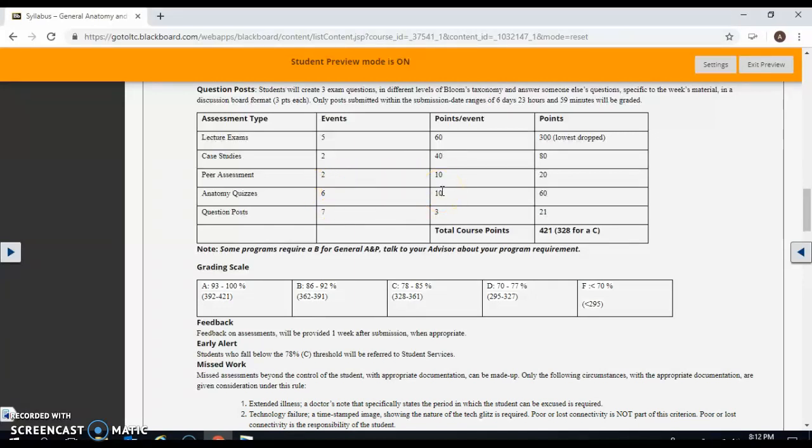Anatomy quizzes, folks, are basically naming parts, naming bones, naming muscles, naming tissue, okay? For these, you don't have to go to the testing center to take the quizzes. In fact, you are given 2 attempts with the highest grade recorded as official for each anatomy quiz. A checklist specific to each anatomy quiz is also provided to you. Guess what?